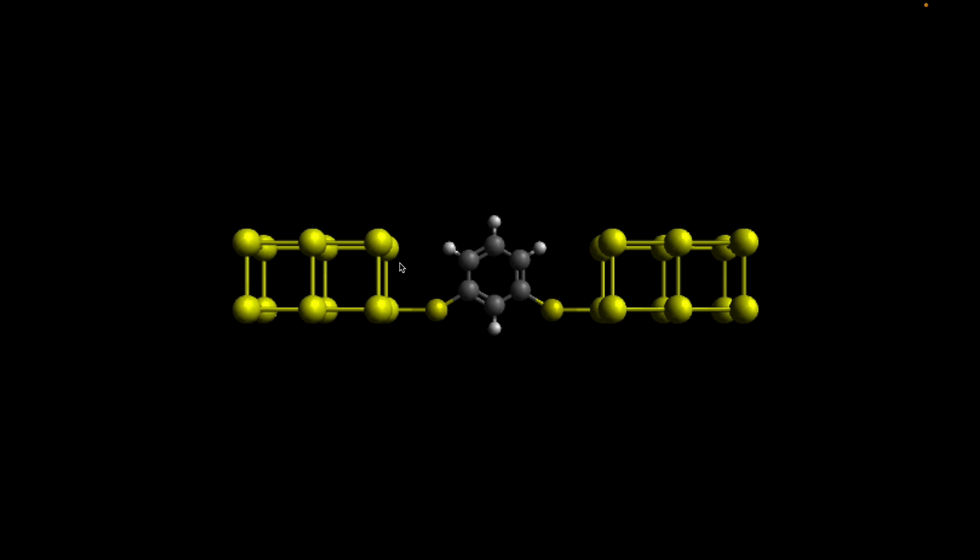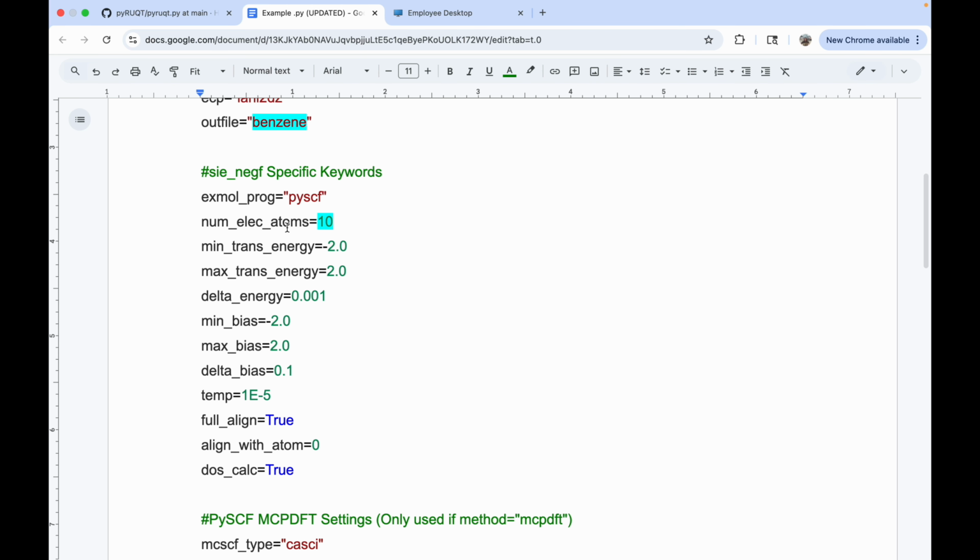So we're going to count the number of atoms that is in just 2 layers. So we have 1, 2, 3, 4, 5, 6, 7, 8. It might be a little bit more difficult when you have a bigger electrode, but in that case, you could go into the XYZ file and count it that way. So for that example, we would set num_elect atom equal to 8.